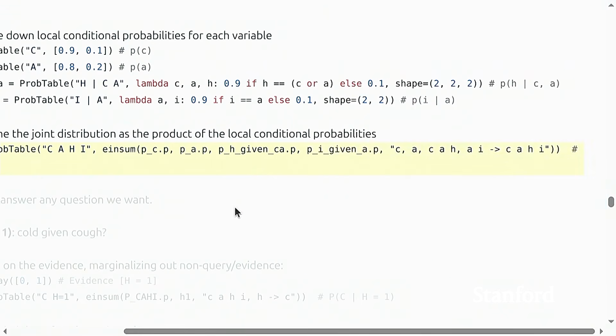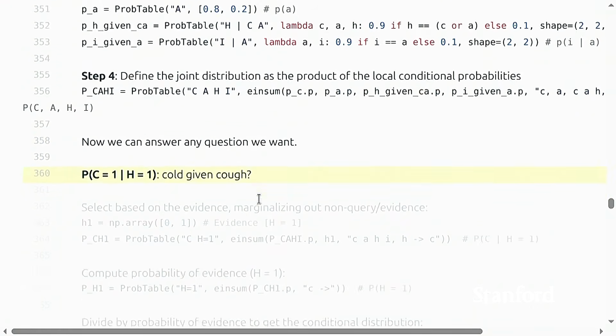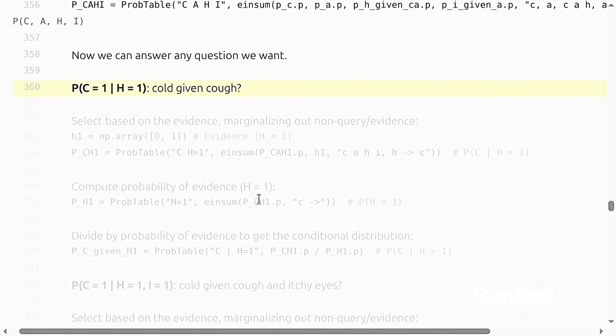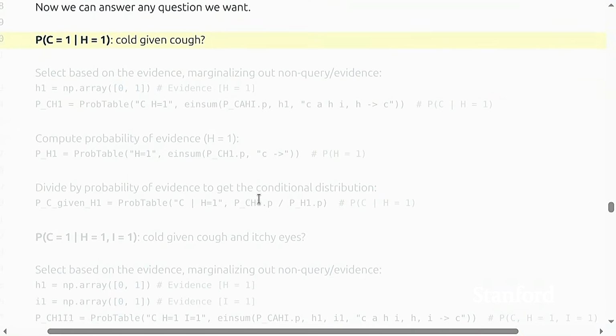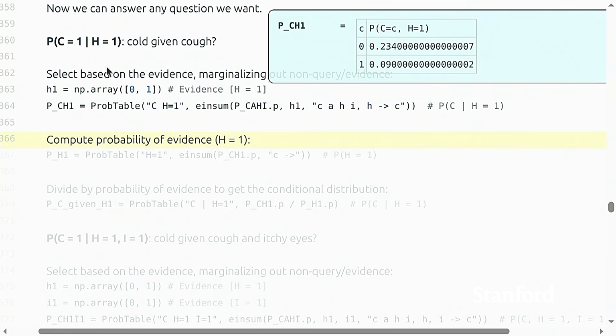Okay, so now we do probabilistic inference. We can answer any question we want. So what is the probability of cold given cough? I'm going to go through these a little bit faster because it's the same kind of idea, but you can go through the lecture notes afterwards. So you first select based on the evidence and marginalize out the variables that you're not interested in. We're only interested in cold and cough, right?